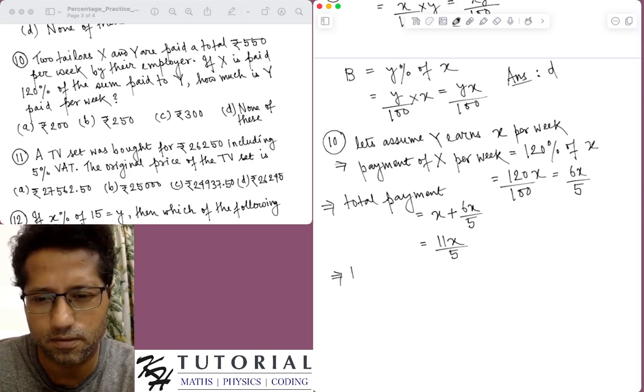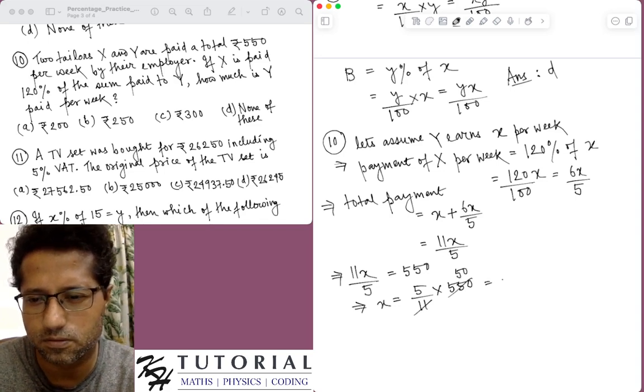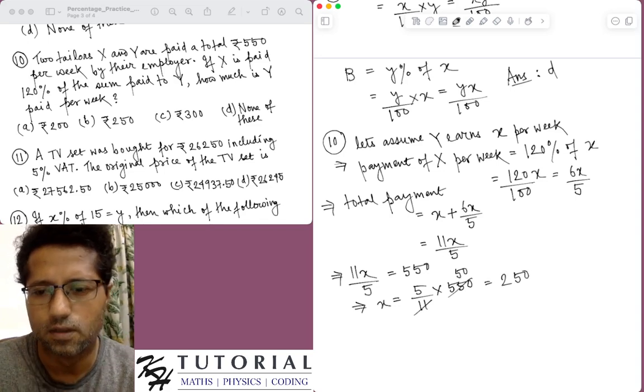So this implies 11x by 5 equals 550. So this implies x equals 5 by 11 multiplied by 550. So this is 50 and this is 250.